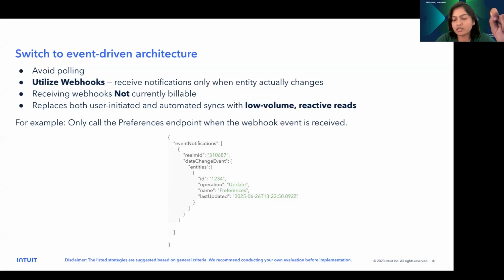If you're already aware, you can enable webhooks on your Intuit developer account to receive notification whenever an entity actually changes. So this way, instead of constantly polling for a huge amount of data and then figuring out what has changed, you can just enable the webhook for a particular entity, and you receive an event notification from us that says, okay, this entity has changed.